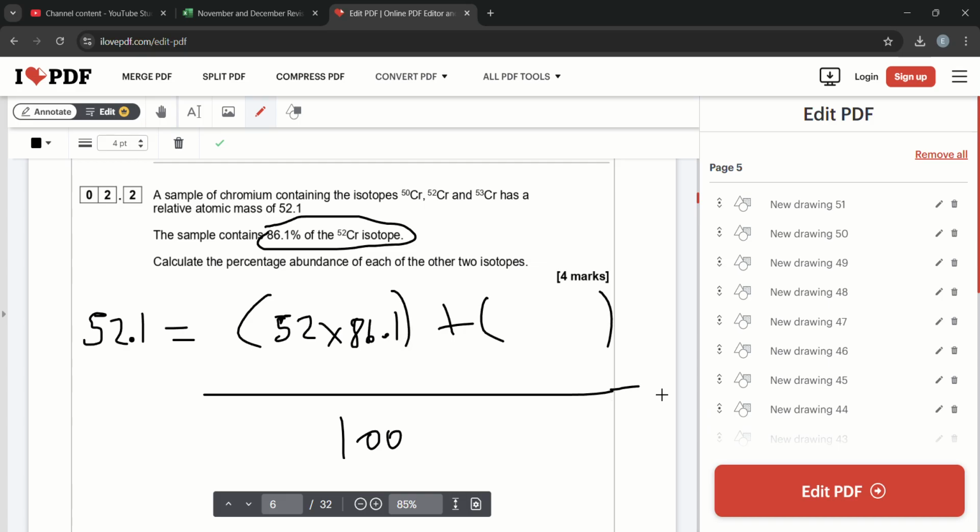However, now we need to work out the remaining. Well, for the 53 one, it's just going to be 53 times by x.